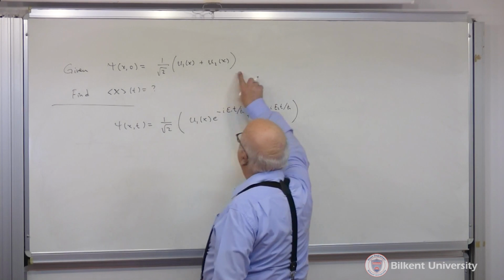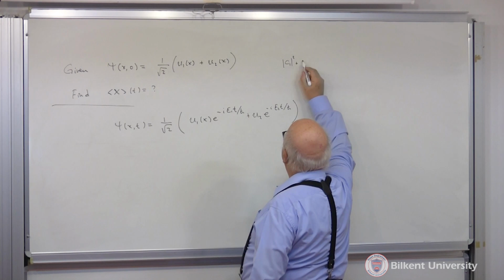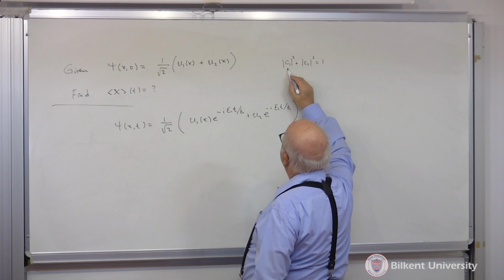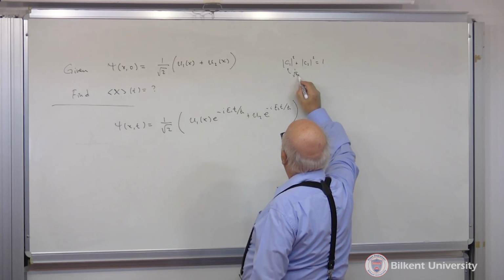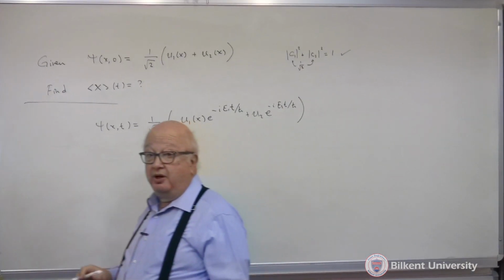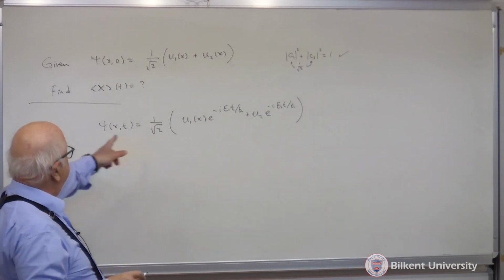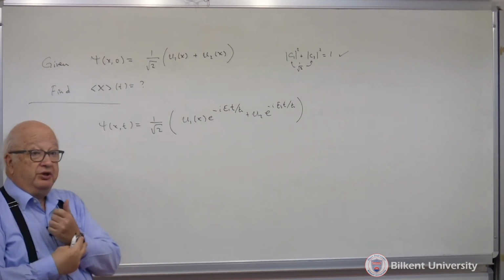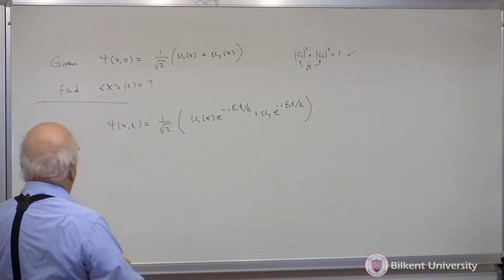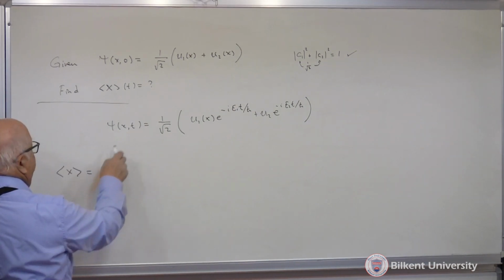I can always check that the C1 magnitude squared plus C2 magnitude squared is equal to 1, because each one of these is 1 over square root of 2. So this just checks out. The normalization condition is satisfied. Now I have this psi, which is changing with time, and I want to find out what the average value of x is with respect to this psi.